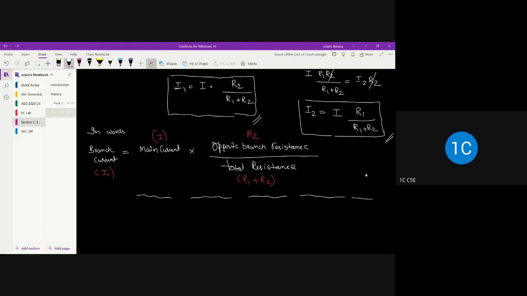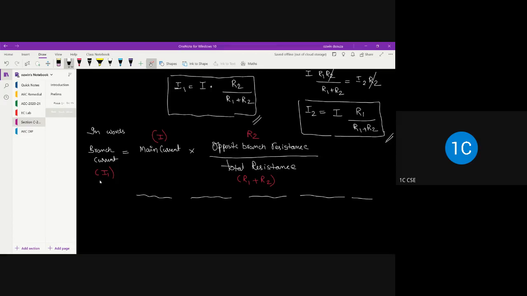Few people will find it handy while solving problems. Few people will just go with the conventional method, that is series parallel reduction. Doesn't matter, but I had to discuss it. It is up to you to choose whether to use the branch current formula or the classical approach, that is finding R equivalent, then dividing the voltage by the resistance value to find the current, then adding up the two currents to get the main current.